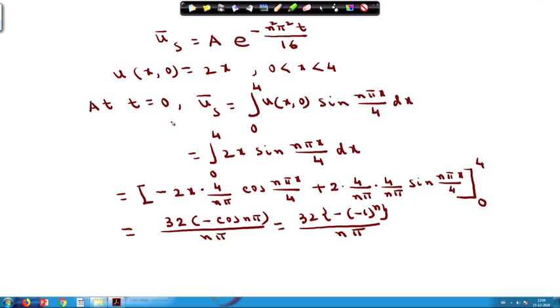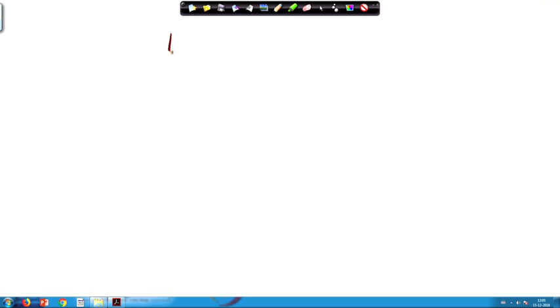So at t equals 0, you are obtaining ū_s as this. Also at t equals 0, from the other expression, ū_s is equal to A, because t is 0 so the exponential term will not be there. Using these two, I can write that my A is equal to 32 into (−1)^(n+1) divided by nπ.